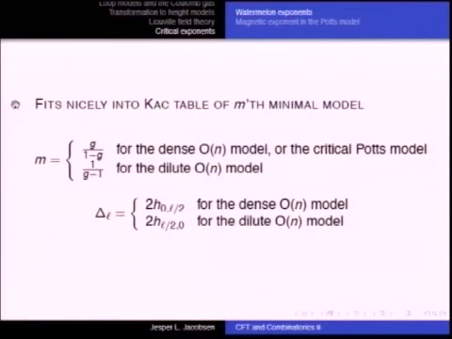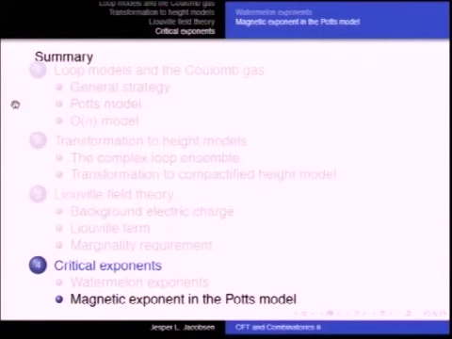I can identify it with these combinations of g, and it turns out then that delta L in the notation of this Kac table is equal to this. So they fit into this grid, except that somehow the first index, which was supposed to be an integer between 1 and M, has now become 0. So, well, anyway, that doesn't bother physicists.